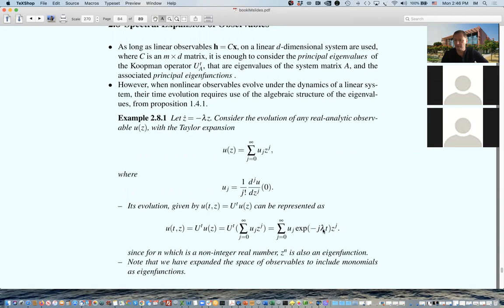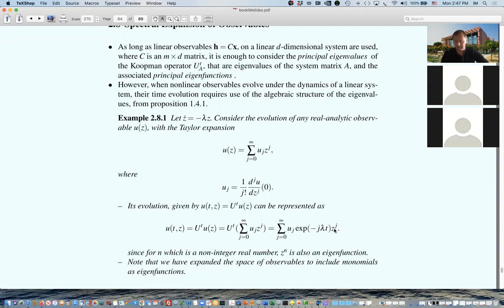If you look at one of the previous lectures, that's what we showed, that for this linear system, the monomial z to the power j is an eigenfunction of U^t with the eigenvalue minus j lambda. So j is the counter here, or the power of the monomial itself.